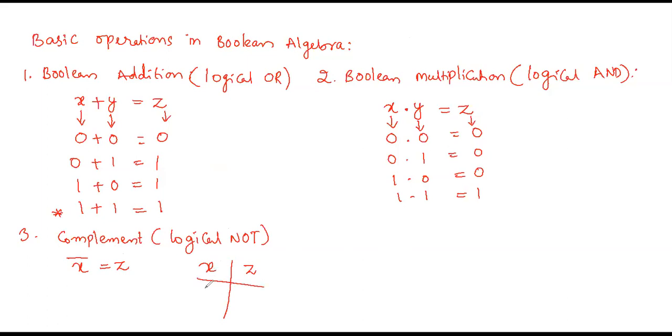x is a variable, it will take either 0 or 1. So we have two combinations, one is 0, one is 1. Then what is the z value? If x is 0, what is the z value? z is equal to 0 bar. 0 bar means 1. Okay, complement, inverse. x is equal to 1, you will get z is equal to 0.